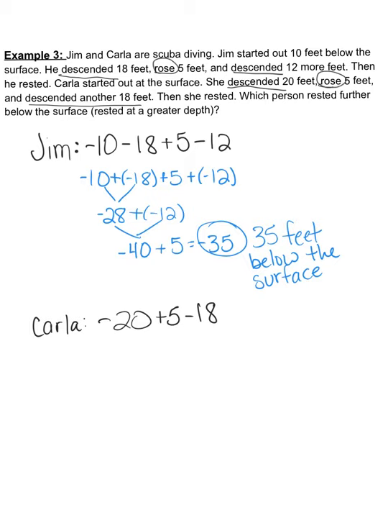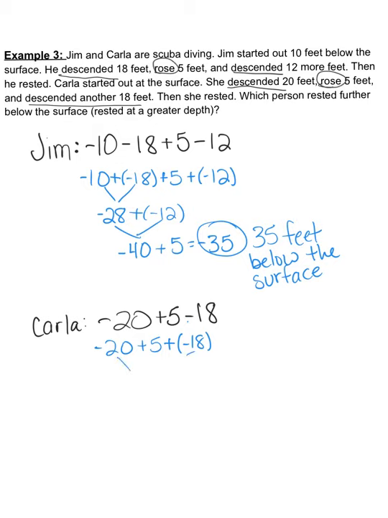And just like with Jim's expression, I'm going to rewrite my expression and turn it into all addition by adding the opposite where I'm normally subtracting. So my new rewritten expression for Carla is -20 plus 5. And again, rather than subtracting 18, I can change it to adding the opposite, which is adding a -18. So now I have -20 plus 5 plus -18. I am going to add my negatives first.